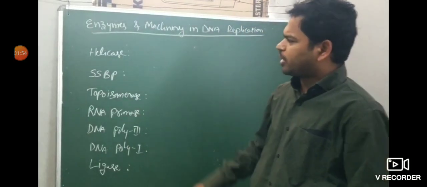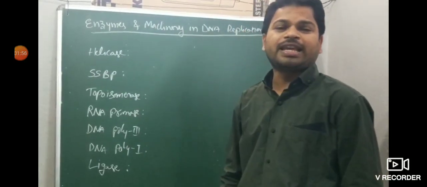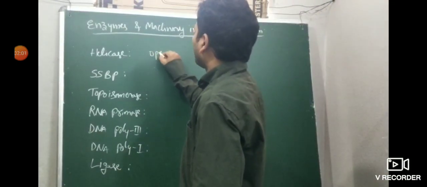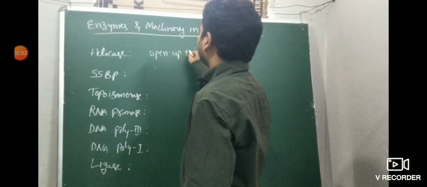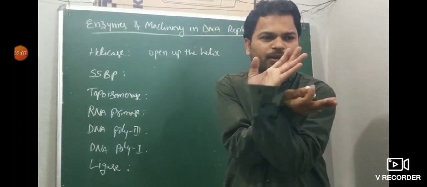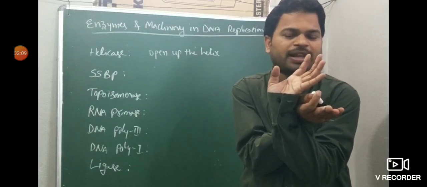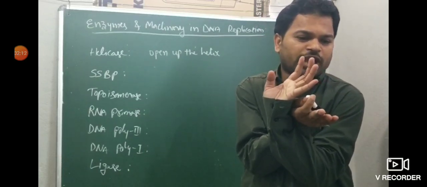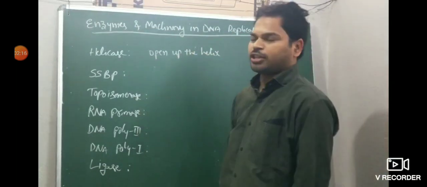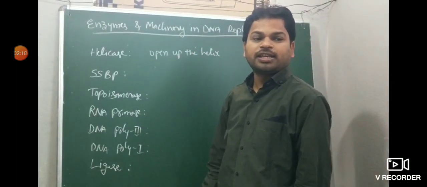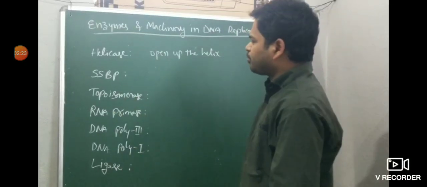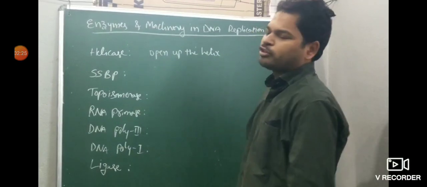What is the meaning of helicase enzyme? Helicase enzyme is mainly helpful for the opening of the helix. For example, this is the DNA double helix structure, and helicase enzyme opens up the helix like this. SSBP is the single strand binding protein, and then topoisomerase enzyme.